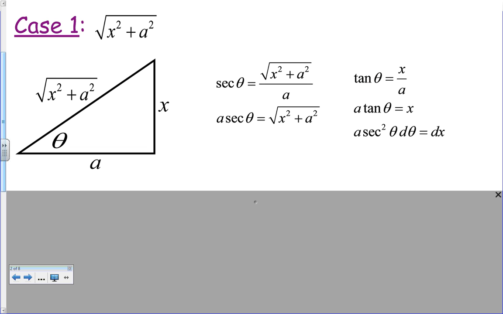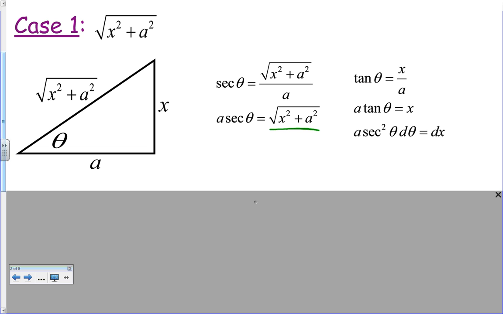I always want to involve the constant in one of these. The secant of theta, of course, is the hypotenuse divided by the adjacent side. So the secant of theta is equal to the square root of x squared plus a squared divided by a. Or solving for that square root, a secant of theta is equal to the square root of x squared plus a squared. So if I had that square root in my problem, I could now replace it with a secant of theta.